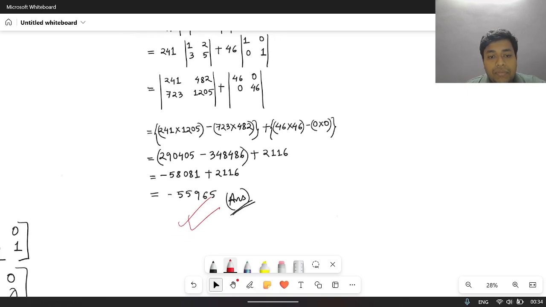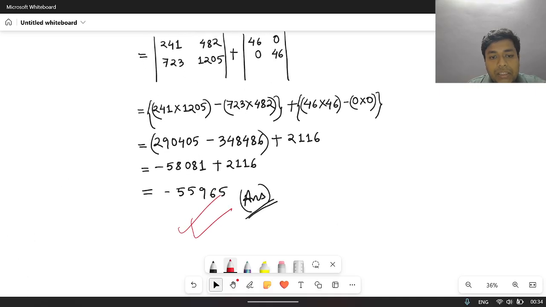Now, if you want to match this answer with the answer key of that specific year, this is not the answer. They have given something like 1026 point something as the answer.